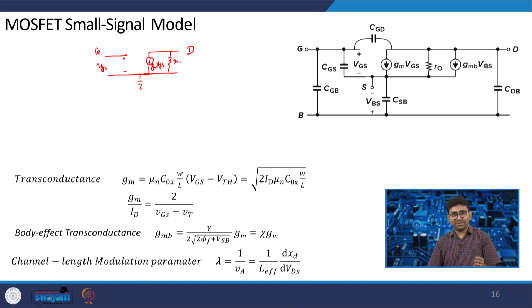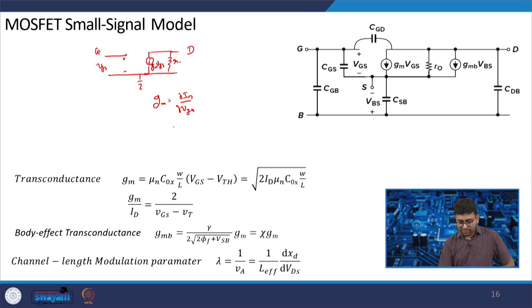The input is an open circuit, current is not going to flow in the gate, there is only an output current which depends upon the input voltage VGS. As we discussed in the last class, transconductance is important, which defines the amplifier performance. That is GM, which is equal to del ID by del VGS. Various equations can be found.